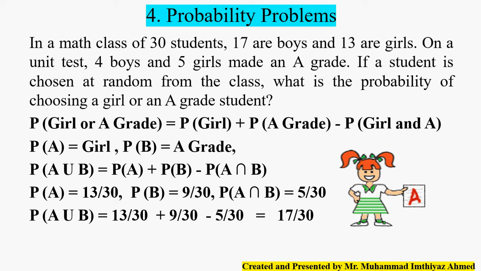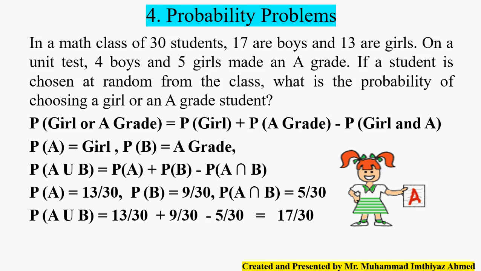That is the total girls 13 of 30 plus 9 by 30, the total A grade, minus 5 girl students who secured an A grade. So 13 plus 9 minus 5 will give you 17 by 30. I hope problem number 4 is clear.